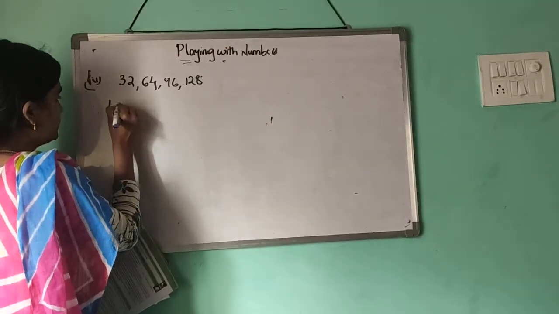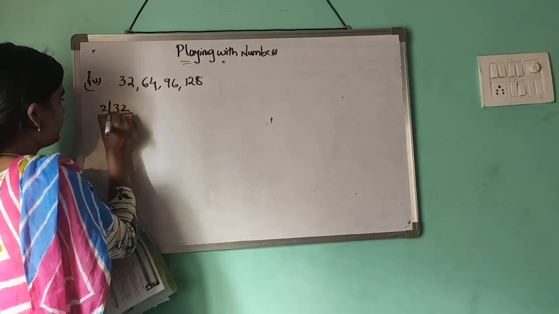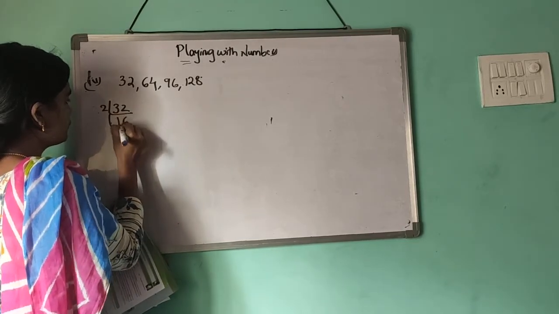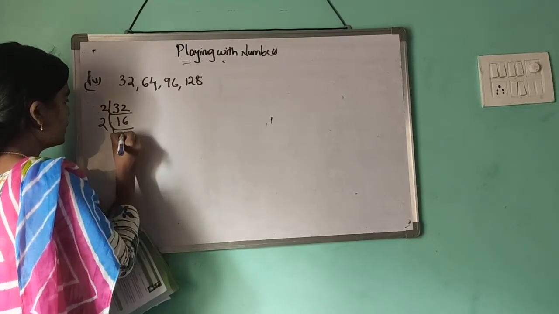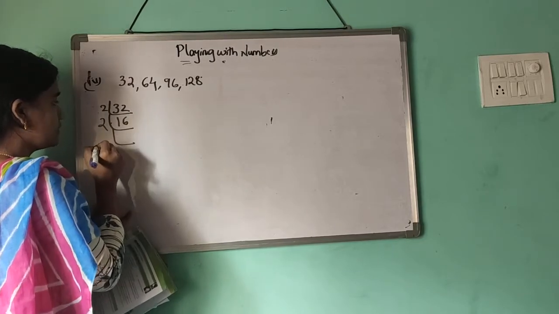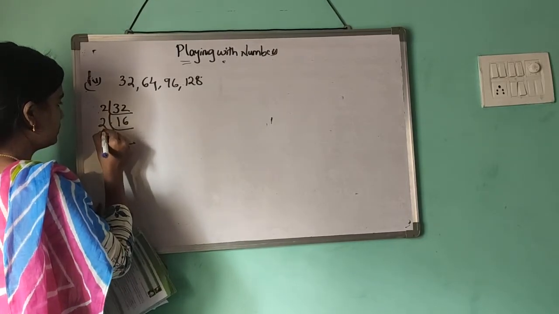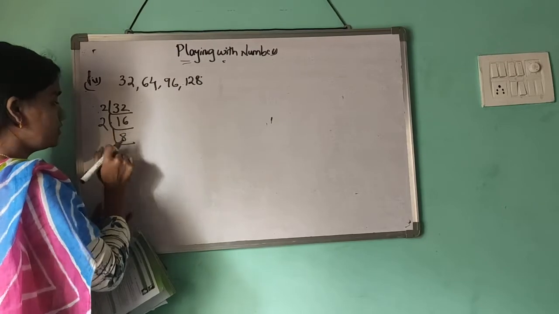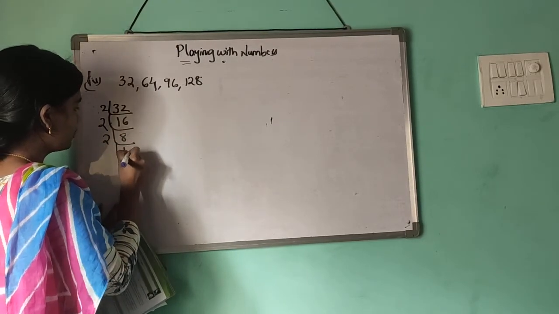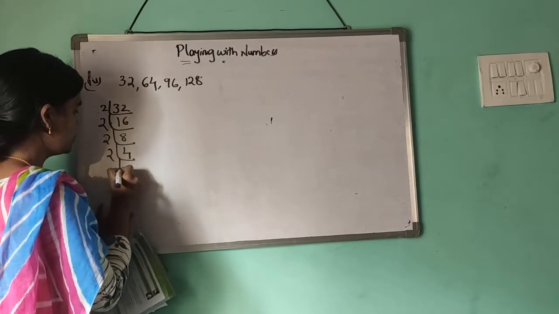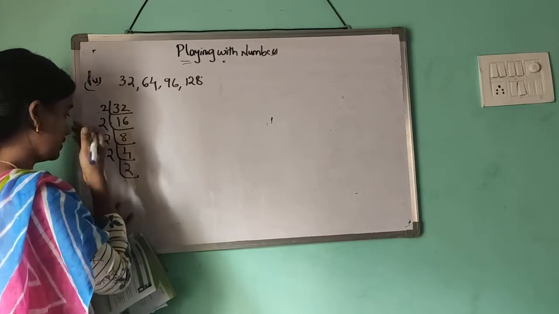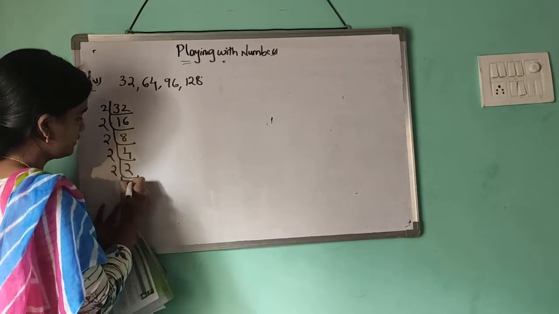So 32, check the 2 table. 1 2s are 2, 6 2s are 12, 8 2s are 16, 4 2s are 8, 2 2s are 4. You have the same.